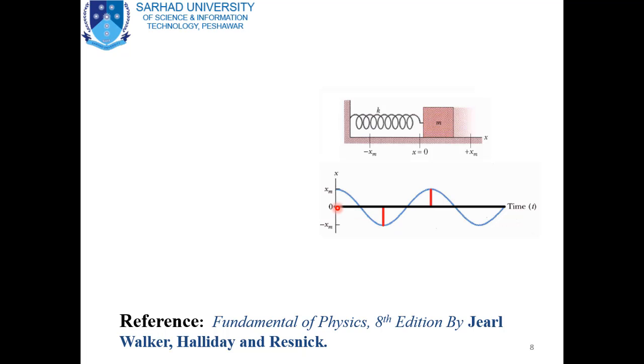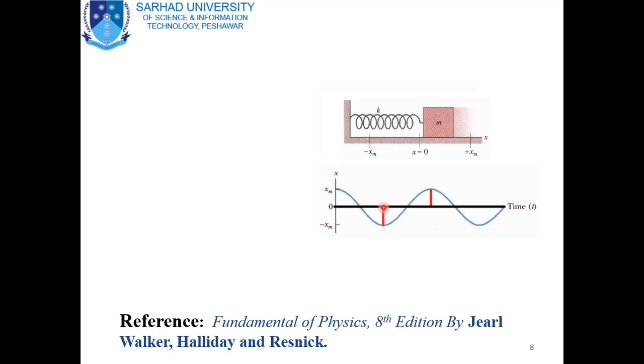So when t is equal to 0, the object was at xm, that is at the right side of the mean position. When time goes on and after a quarter of the time period has passed, the instantaneous displacement becomes 0. So at this point the displacement of the object is 0, and after half a time period the object moves to the negative maximum displacement.